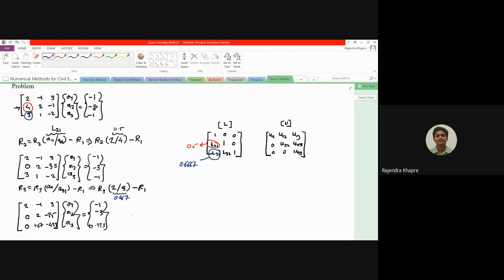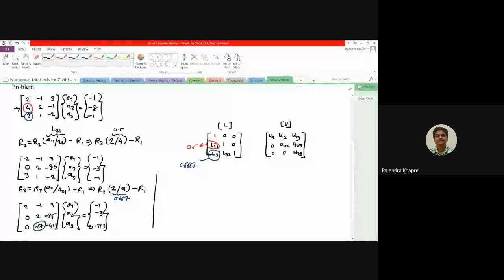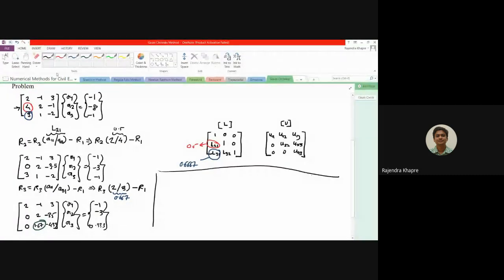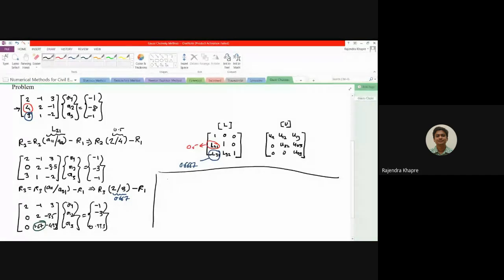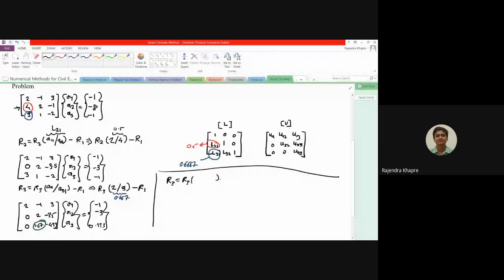Now we have to operate on one more element, which is over here. I'm talking about this element. तो हमको अभी इसको 0 करना है. For this purpose, let me use this space. If you want to eliminate that particular element, I should go with R3 equals R3 into some factor into minus R2, not R1, minus R2.